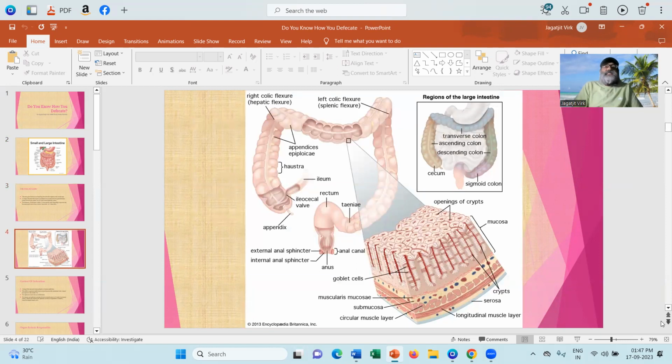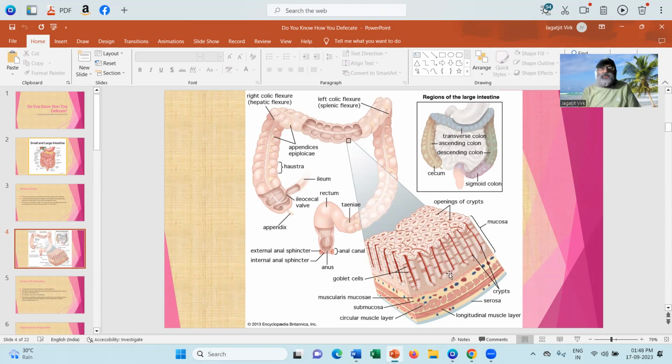This is the picture of our colon. As I have told you, this is the appendix, this is the cecum, ascending colon, transverse colon, the descending colon, this is the sigmoid colon, and this is the rectum, and this is the anus. Here, I would like to tell you that this is a small portion of the microscopic structure of the wall of the colon. This is the mucosa, this thick one.